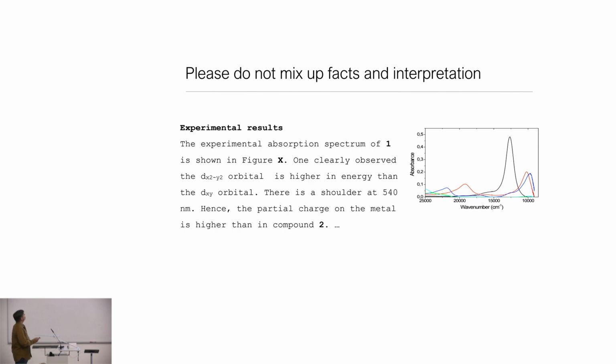So you have an absorption spectrum, and then you have a section in the paper that says experimental results. And then you say, all right, so the experimental absorption spectrum of 1 is shown in figure X, and you clearly observe that the dx²-y² orbital is higher in energy than dxy, and there's a shoulder at 540 nanometer, hence the partial charge of the metal, whatever.